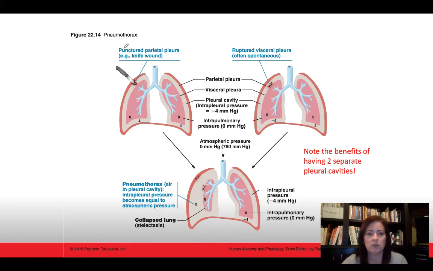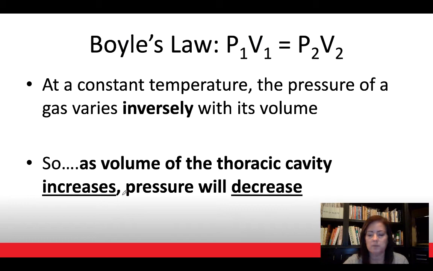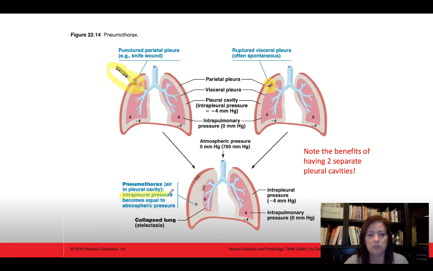If you have situations where you have someone who has a knife wound that basically pierces through the parietal pleura, or you have a rupture in the visceral pleura, what we end up having is the intrapleural pressure, this pressure here, where normally that would be about a -4, right?